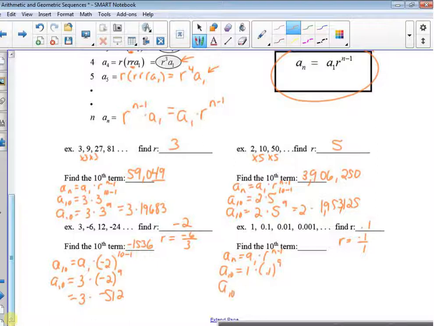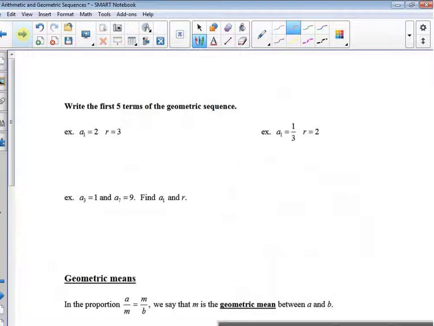So a sub 10 is 0.1, 2, 3, 4, 5, 6, 7, 8, and 1. There's the 10th term. It's really just a lot of formulas here.